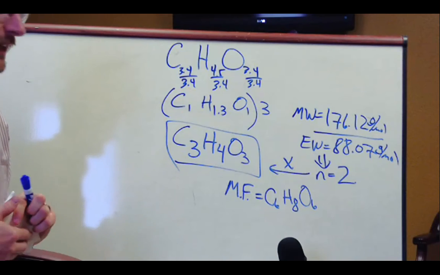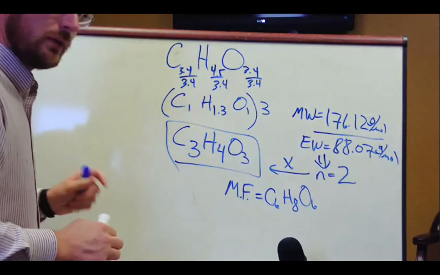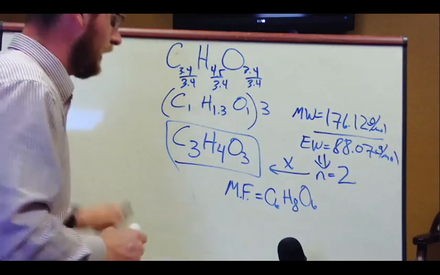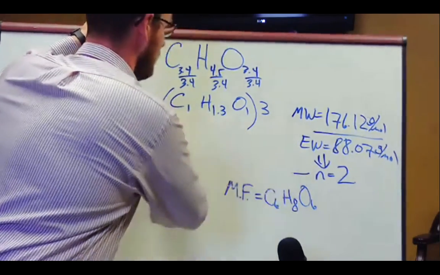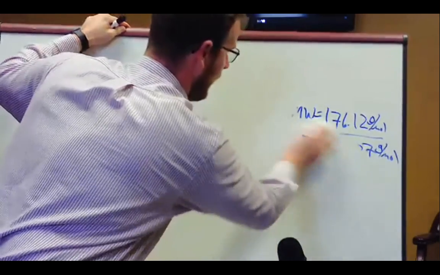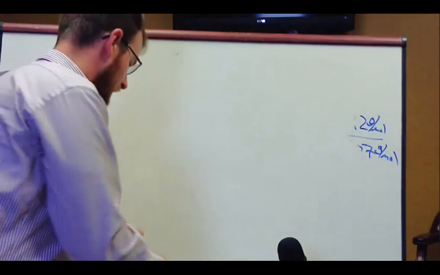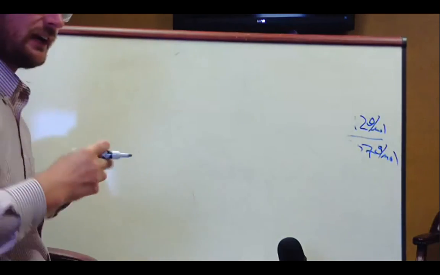Now, I want you guys to try this one on your own, again in the sake of practice, right? So that you guys can try it. And then if you have any questions, you can just say, hey, Dr. Bishop, I tried this. This is where I'm getting stuck.